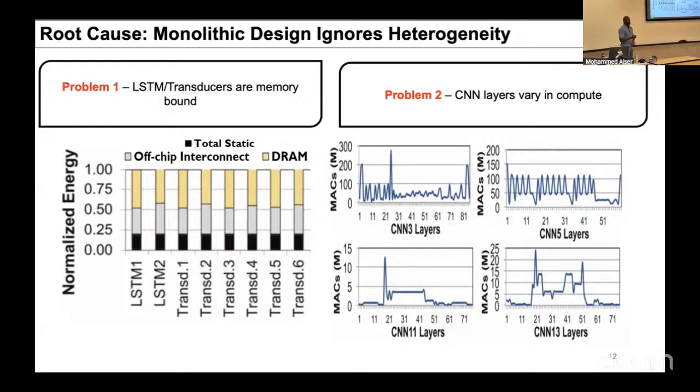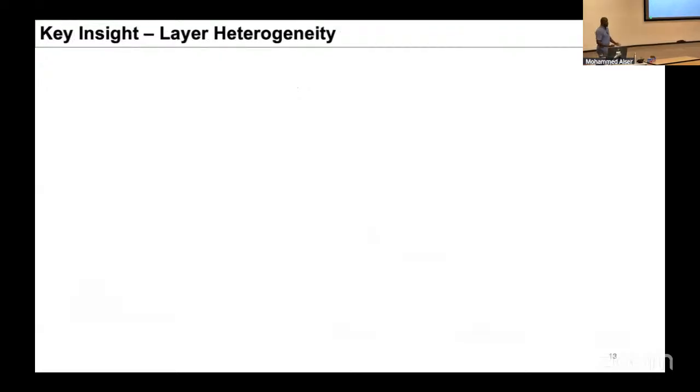And not only that, which I think is very interesting, you see different MAC profiles even within the same CNN layer. For example, in this CNN 11, it has a MAC operation of maybe 13, and if you go down, you see very, very low MAC profiles. So the second problem is that the CNN layers vary across different layers, and also within the layer. Those are basically the root causes.